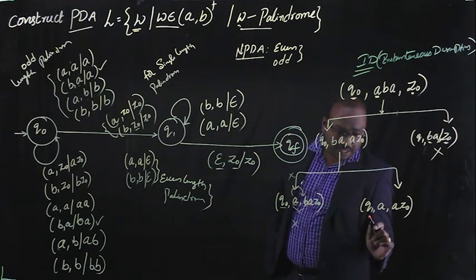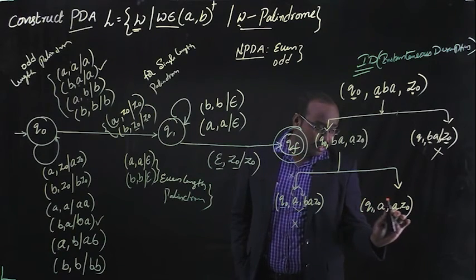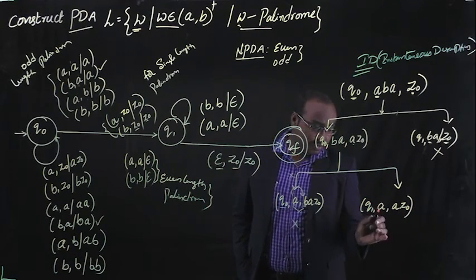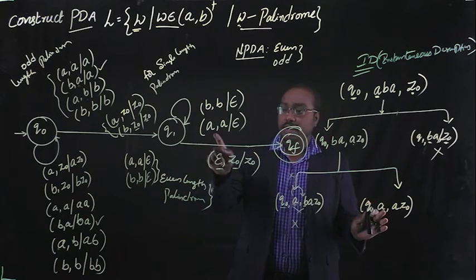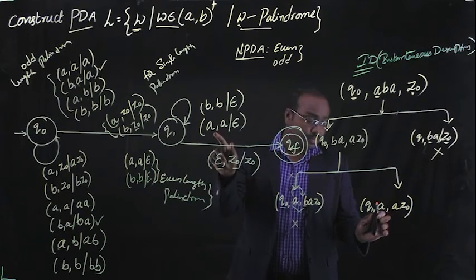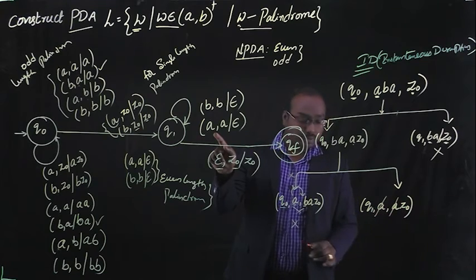Here I am on state Q1. The input symbol is A and the top of the stack is A. So this transition is used, and we can pop the top of the stack.